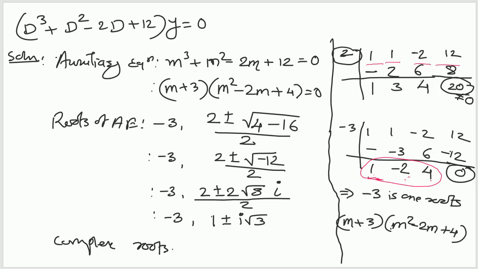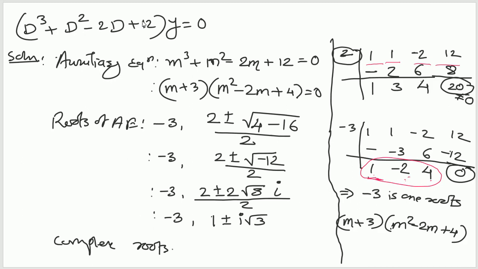So these are the three roots. Now how do you find its complementary function? The roots are -3 and 1 plus or minus i root 3.